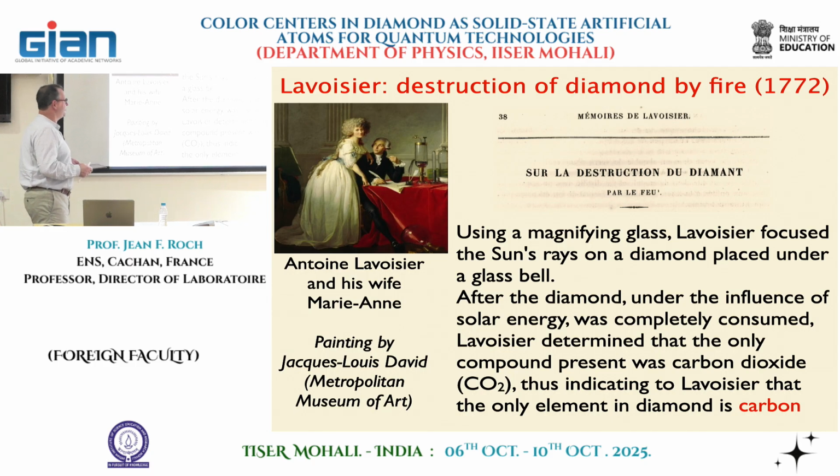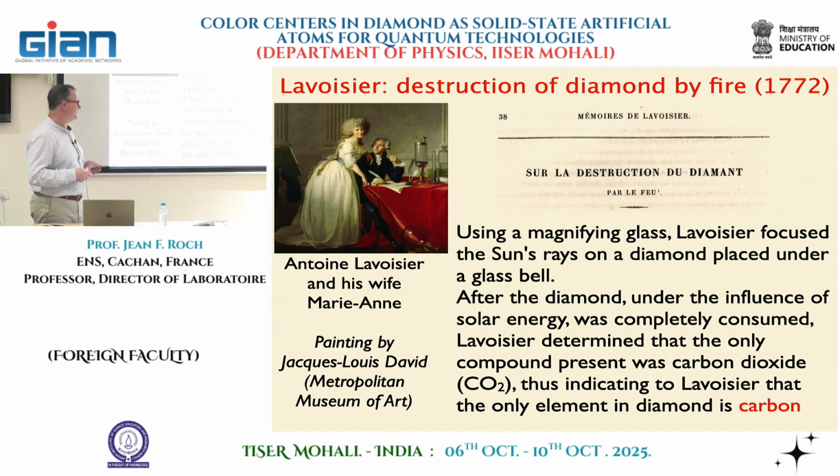And actually he was working closely with his wife, Marianne, and you have a beautiful portrait painting of them by a famous French painter of that time, Jacques-Louis David, where you see the two persons experimenting. And after, Lavoisier was guillotined during the French Revolution, and his wife, after that, published all his scientific work.